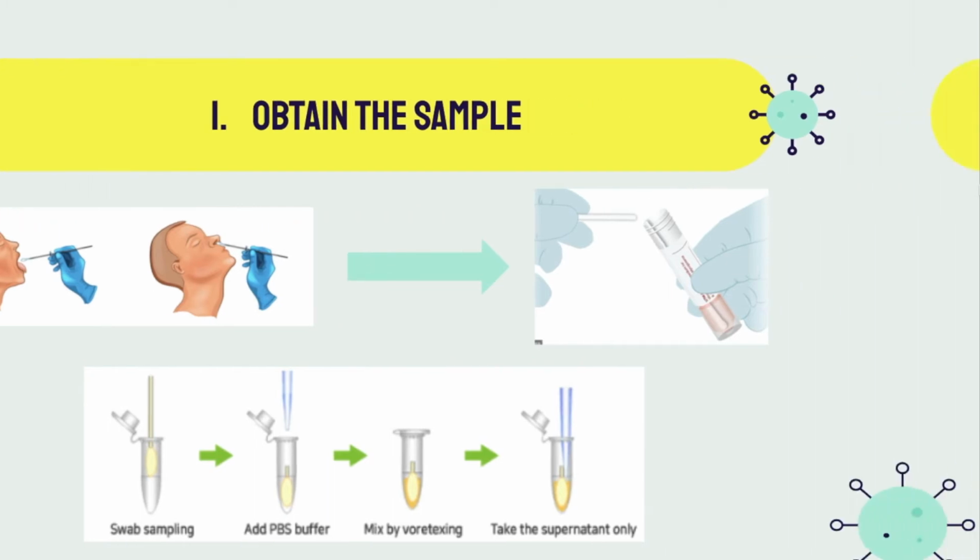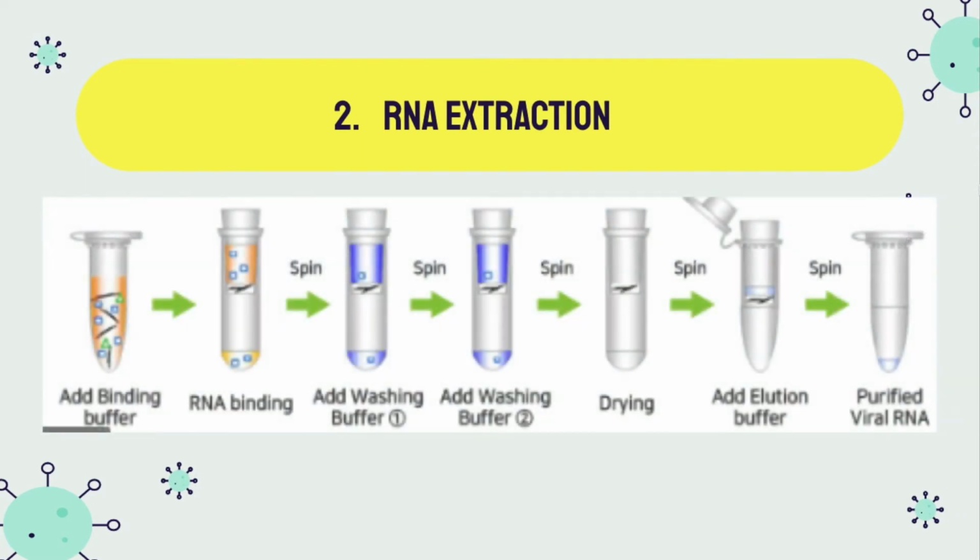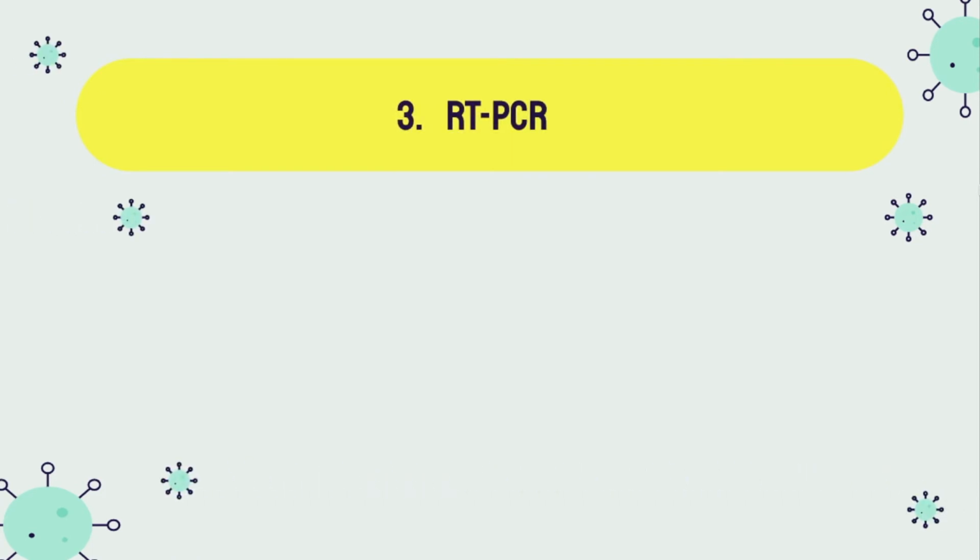The second step is RNA extraction. It was started by adding the binding buffer to the samples, the RNA binding, and adding the washing buffer twice, drying, adding the elution buffer, and then we got the viral RNA. The third step is the RT-PCR.